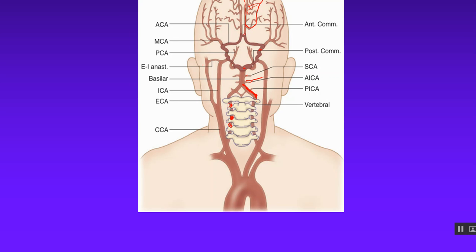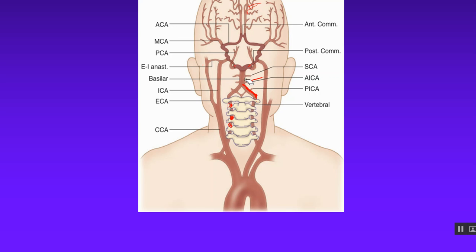And so there's a little connection right here between the two anterior cerebral arteries. That's called the anterior communicating branch. Then you have these two little posterior communicating branches that communicate between the internal carotid and the posterior cerebral arteries. So now we've got this contiguous connection between all those different arteries.